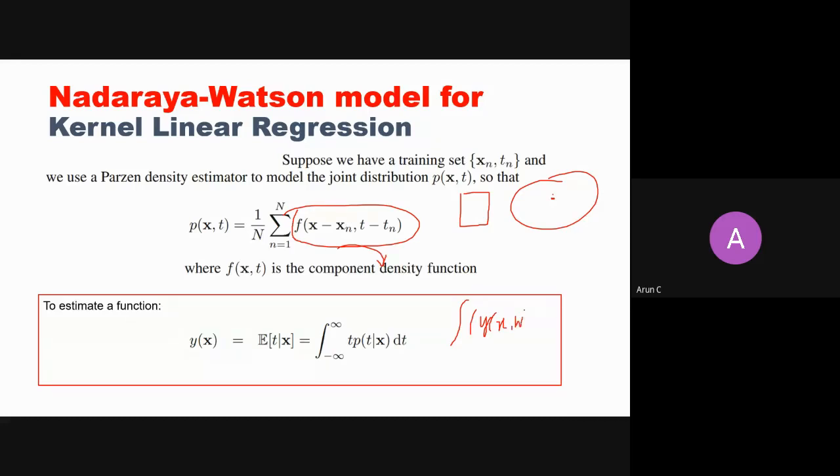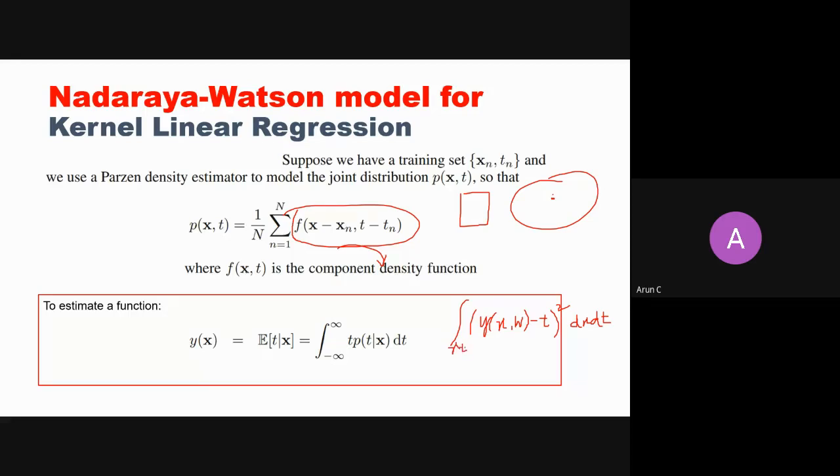This is my prediction function. How far am I from the true label t? I am squaring it and integrating over dx and dt, so this is over x and t.